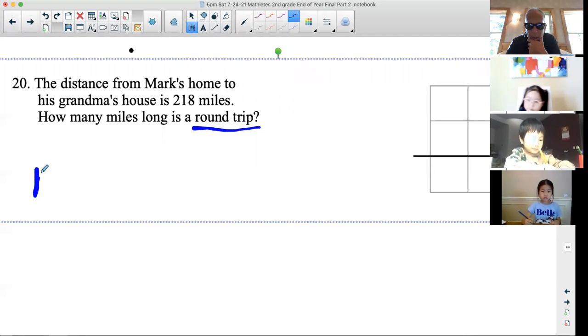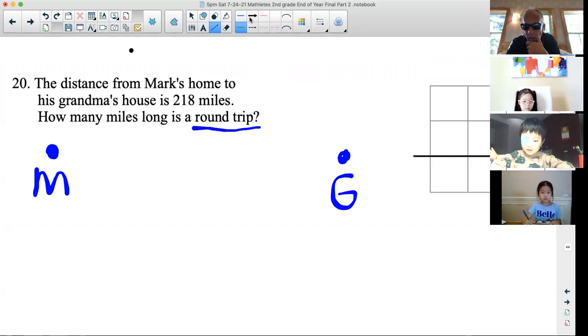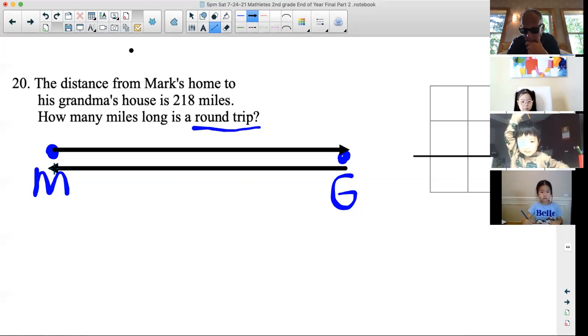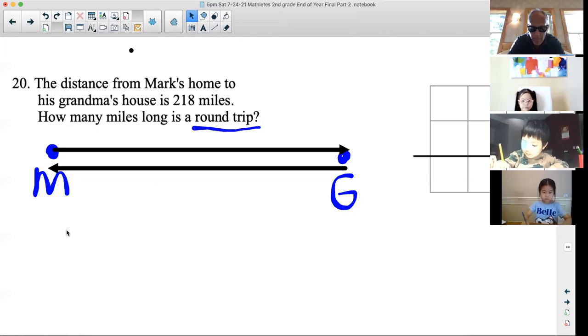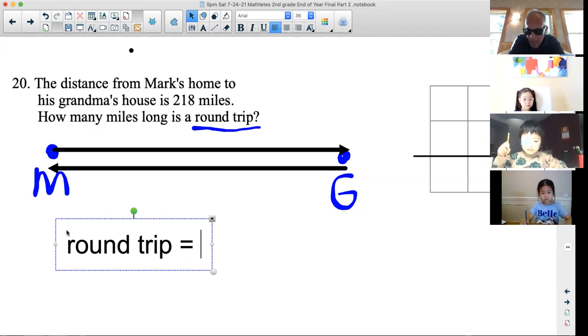So here's Mark at this point M, and here's Grandma at that point G. Who can tell me what is a round trip from M to G and then G to M? What is meant by the words round trip?